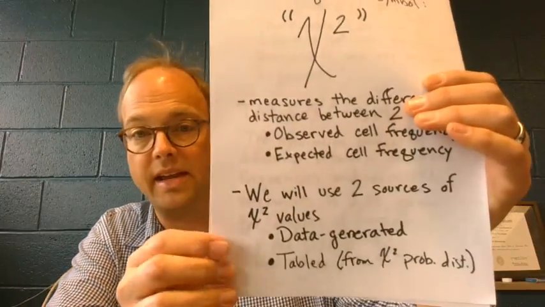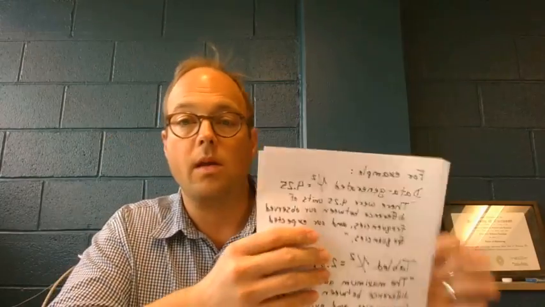Now, continuing on with this handout, in keeping with all the other statistical tests we've been conducting, we are going to use 2 sources of chi-square values. And I hope that there are no surprises regarding what these 2 sources of chi-square values are.